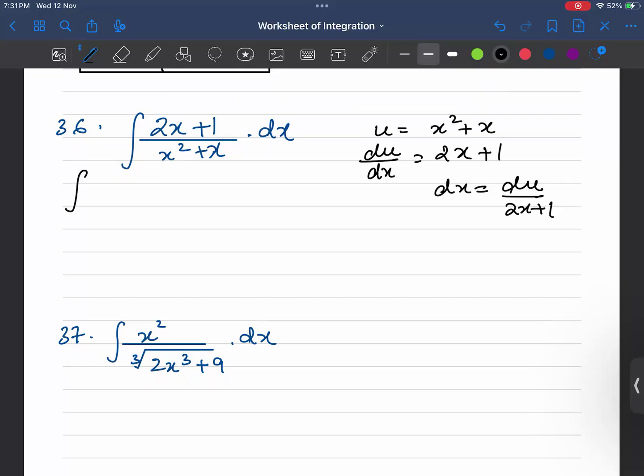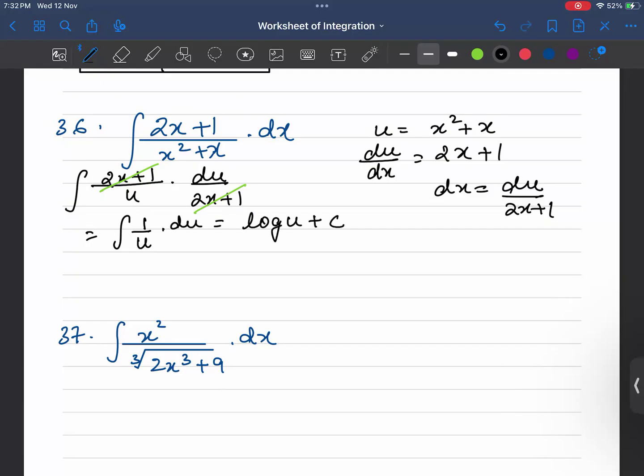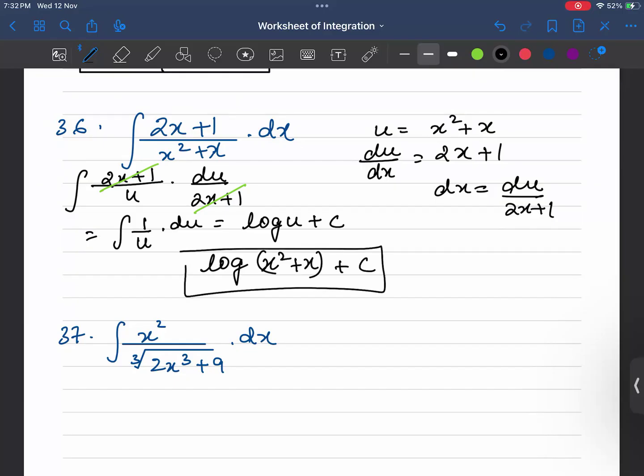Now, in place of x square plus x, I can write u, and in place of dx, I can write du upon 2x plus 1, which says we can cut both of these. We will get 1 upon u du, which says it's log u plus c. Again, we will substitute u equals x square plus x, plus c, which is your answer.